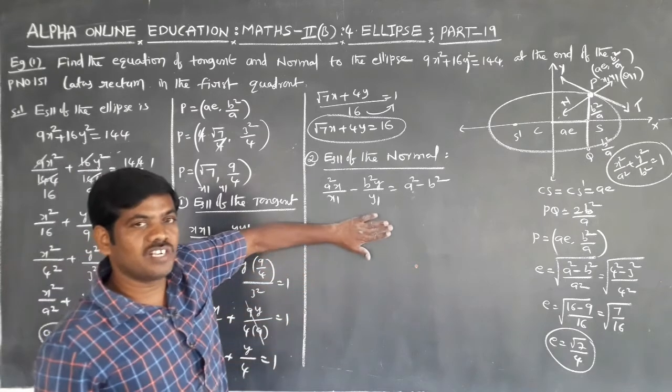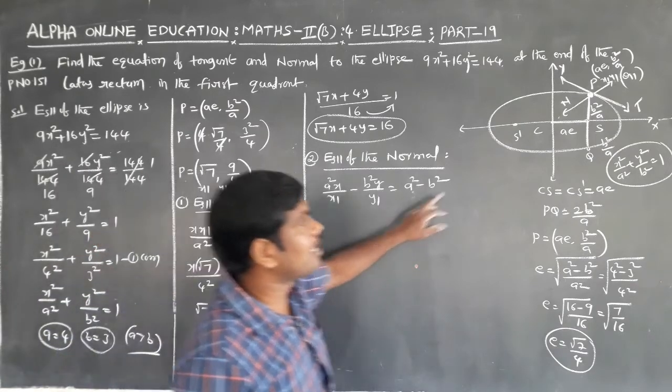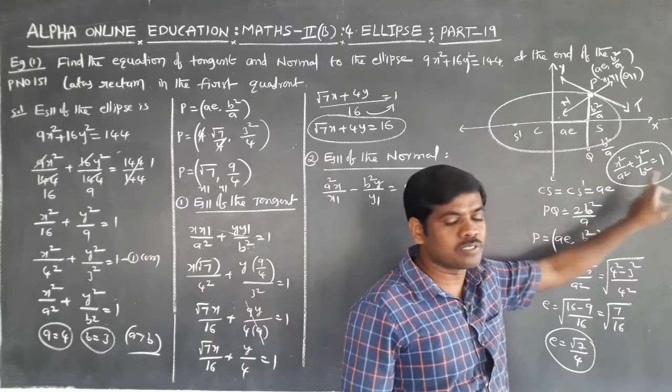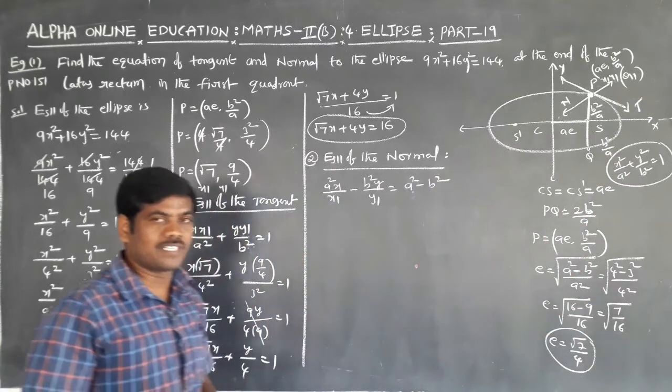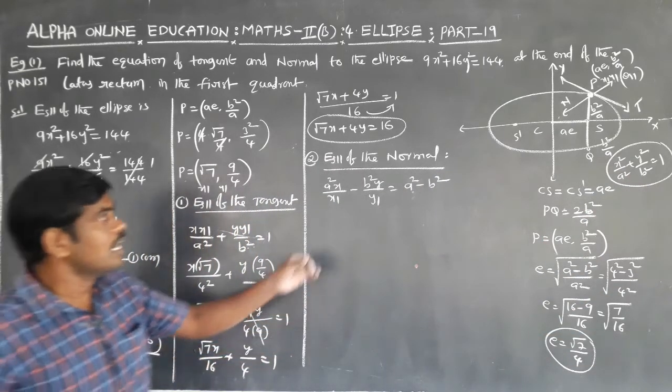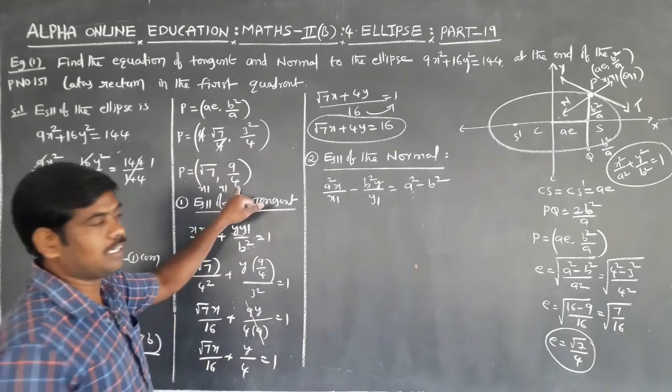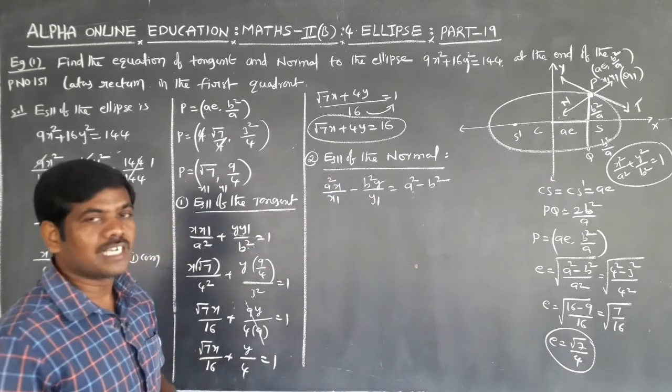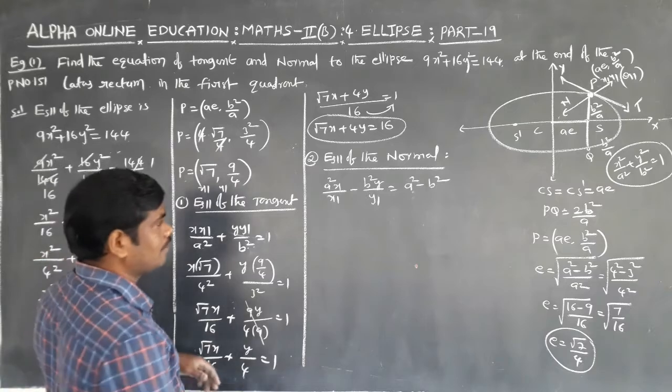This is the equation of the normal to the ellipse at the point P(x1, y1). So substitute a, b and x1, y1 values.